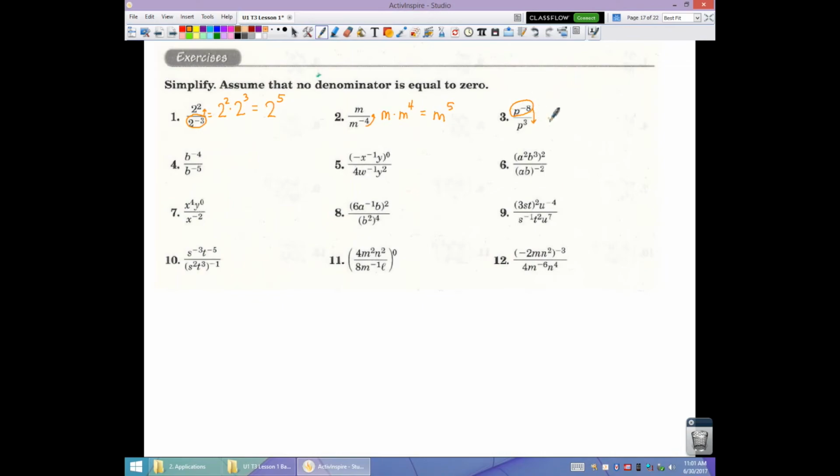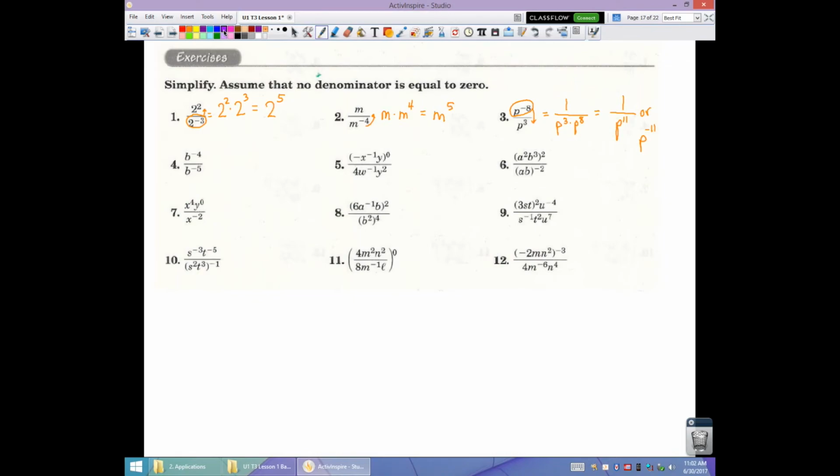Well, that would leave nothing on top, but it can never be a 0, or it won't turn into a 0. So that would become 1 over p to the 3rd times p to the 8th. So that's 1 over p to the 11th. Now, if we had to write that as an exponent, or as a power of p, another way to write that would be p to the negative 11th.